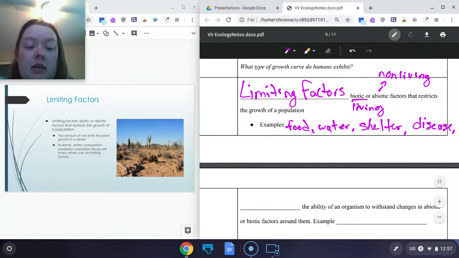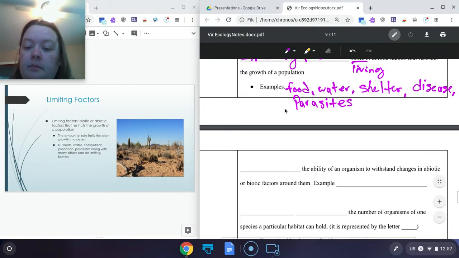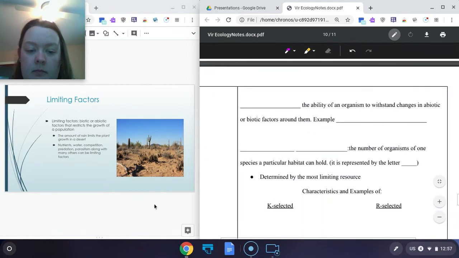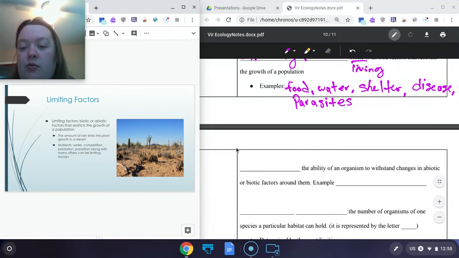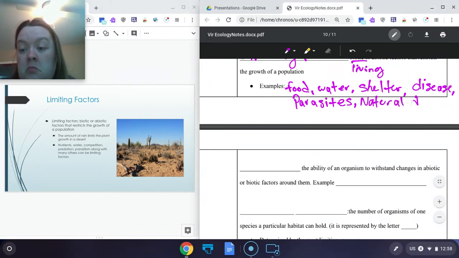So it could be disease against organisms. Some can be parasites like fleas or ticks causing disease. There's many different you could say. You could say natural disaster can also limit your population.